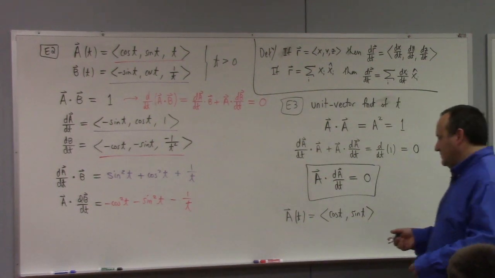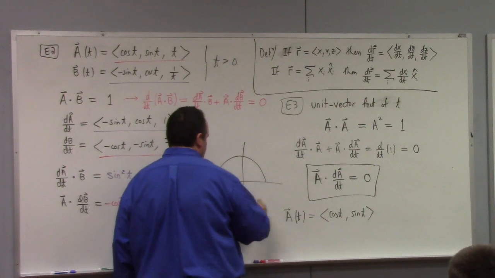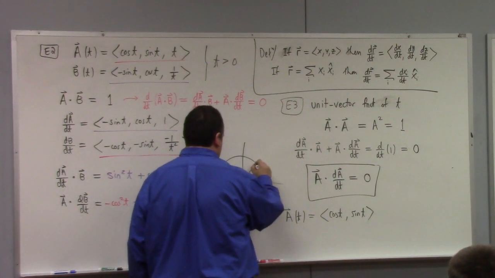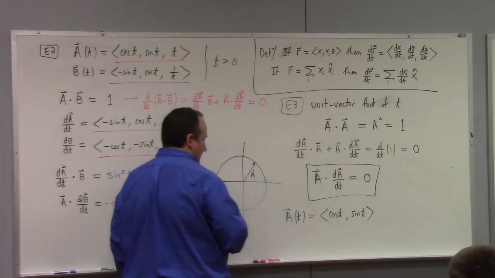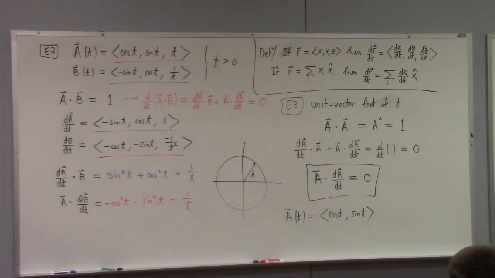I can draw a picture of it, if you like. Unit circle, right? Here's a at a particular time t. What's the length of that vector? Come on. 1, right?